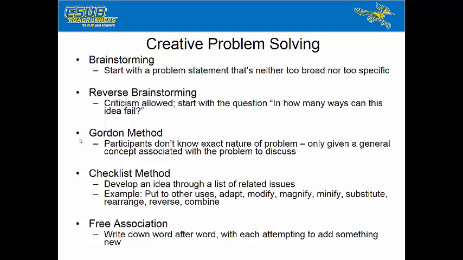The checklist method. This is developing an idea through a list of related issues.